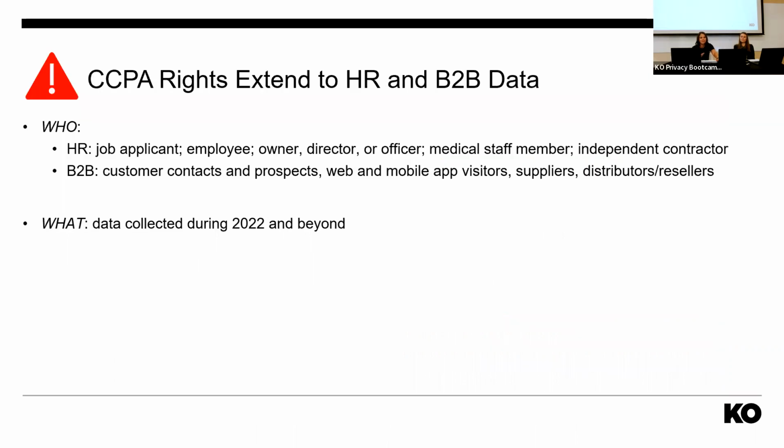The main shift obviously is now these rights are also going to extend to your B2B customers, as well as your employees, job applicants, contractors. And so any data you're collecting this year will be subject to consumer requests from these type of consumers. This is obviously going to get particularly convoluted when it comes to your personnel.